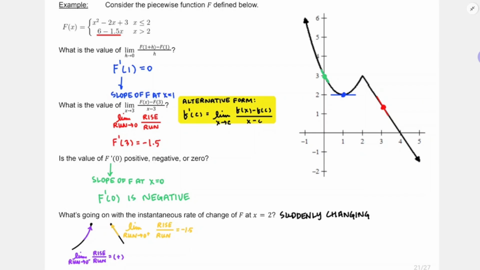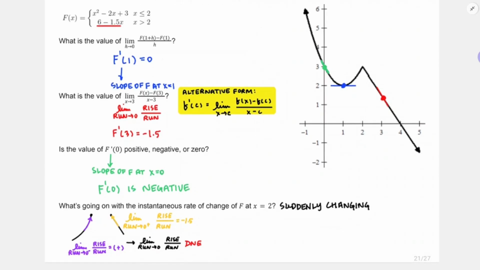And if the two one-sided limits disagree, we're going to say that the limit generally does not exist. The limit as run approaches 0 of rise over run fails to exist. And as a result, okay, that's the definition of f prime of 2. We're going to say f prime of 2 does not exist either. And that sharp corner is going to be kind of the official nomenclature we take in this class, but we'll have more to say about this here in a second on the next page.